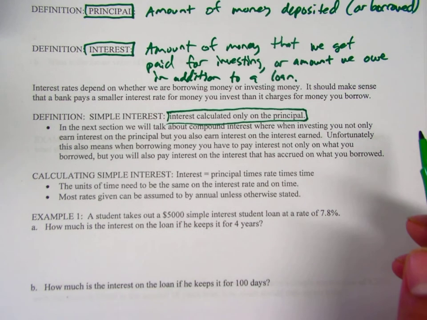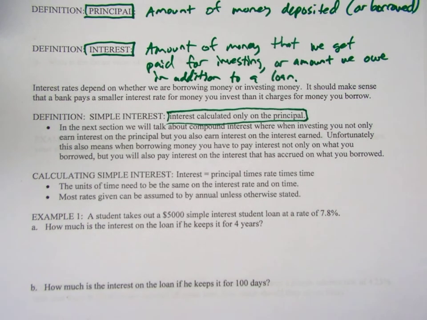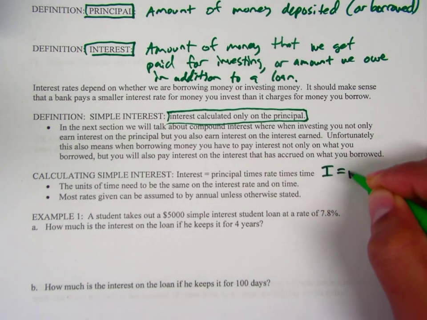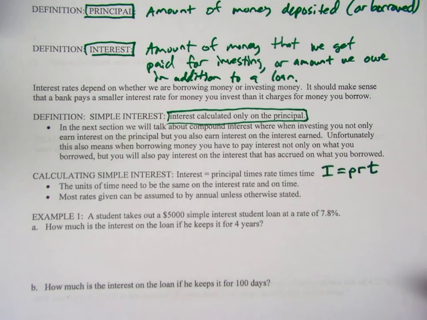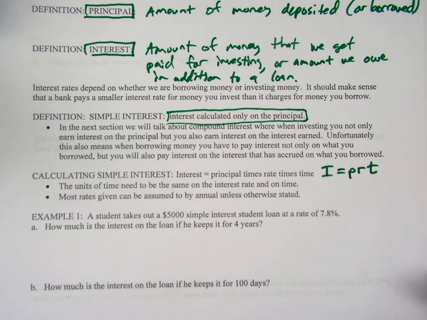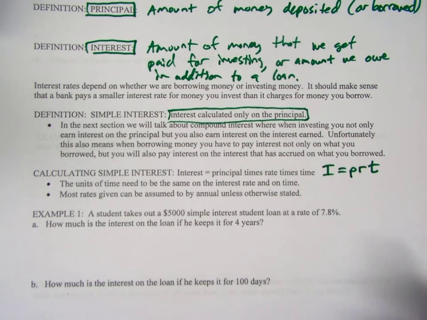Calculating simple interest. You've probably seen this formula, maybe even in middle school, but it's just interest equals principal times rate times time. Have you guys seen that formula before? I equals PRT? No? Okay, well now you've seen it. Okay, it's pretty easy to work with, and it should make some sense.